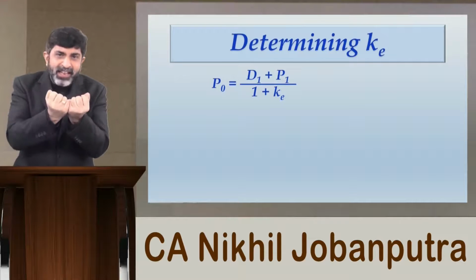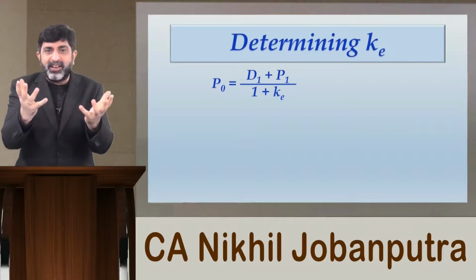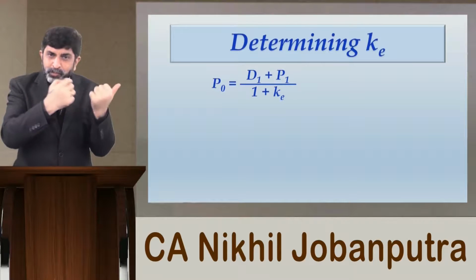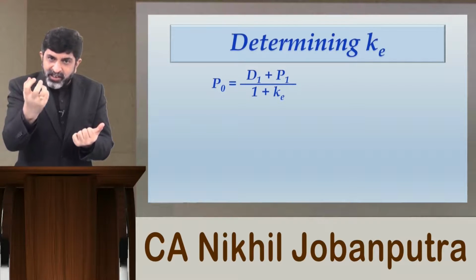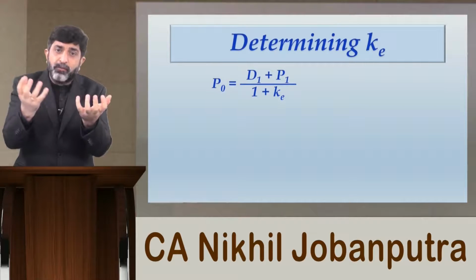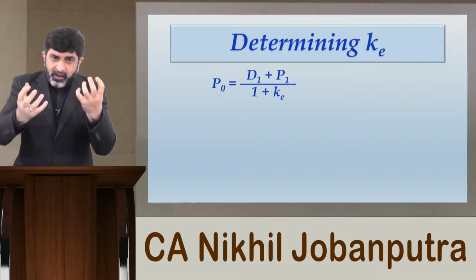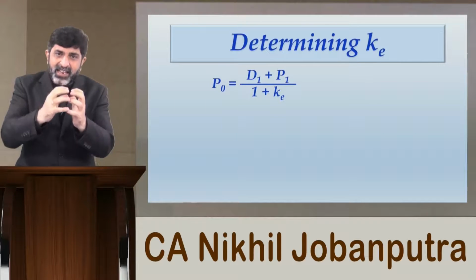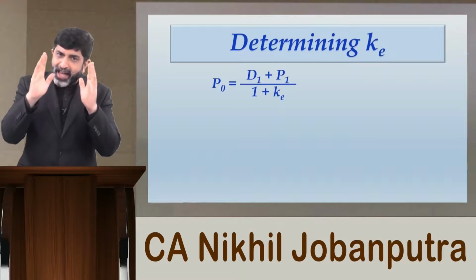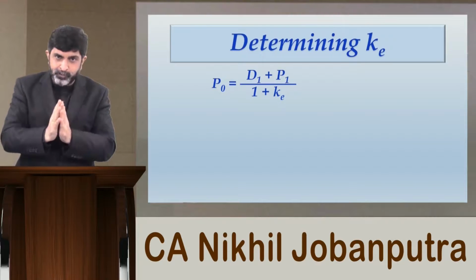You just take the aggregate of the two and you get the overall expected rate of return. So 25% plus 15% makes the overall expected rate of return for the shareholder 40%.